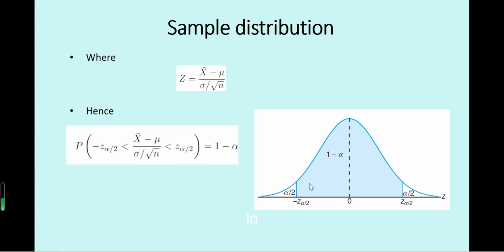In the standard normal distribution density curve, the probability of this term is actually the shaded area. We find z of half alpha here, leaving the white area of half alpha at both ends of this density curve.